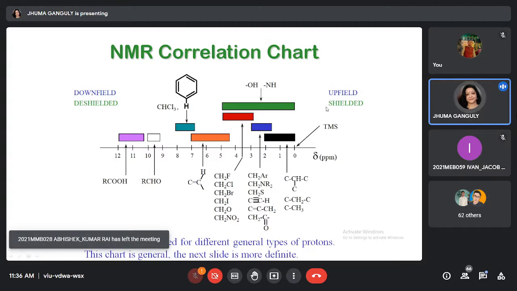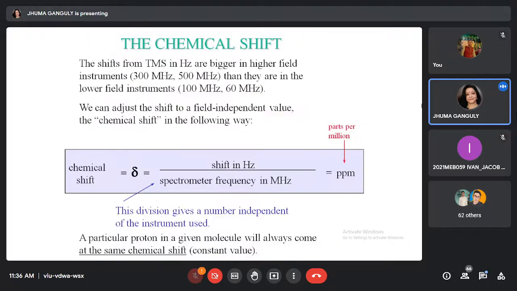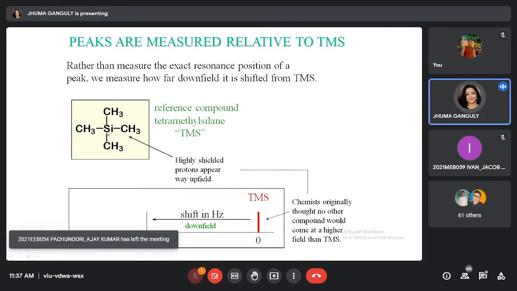What is the meaning of shielded? Suppose TMS. Let me go again to this one. This CH proton, its chemical environment is carbon, silicon, and so on.